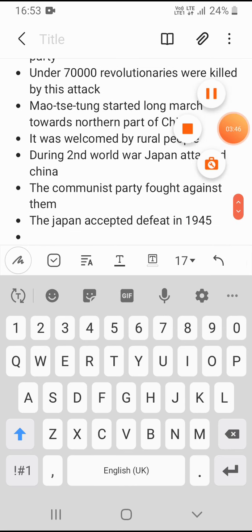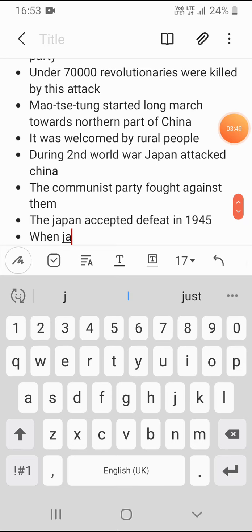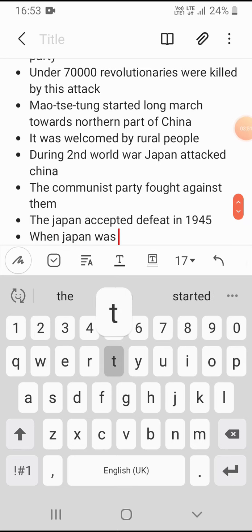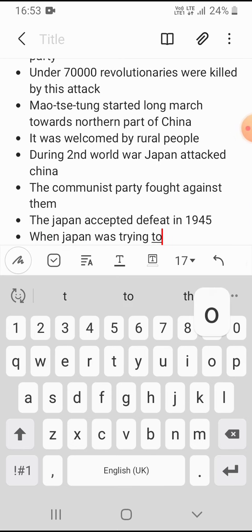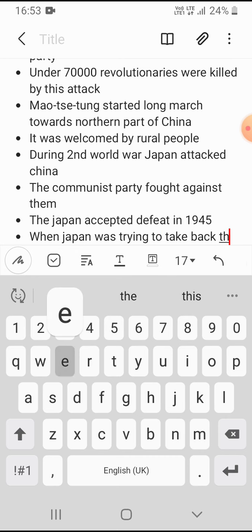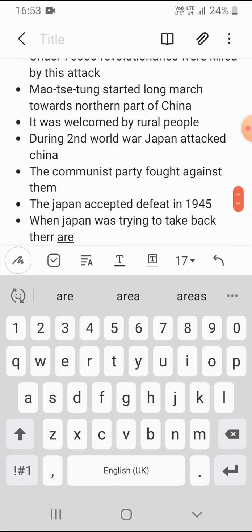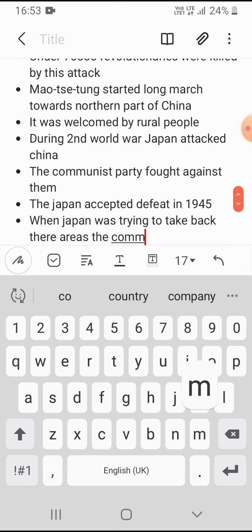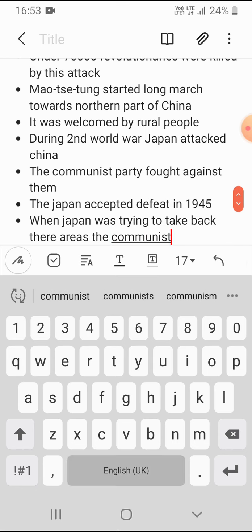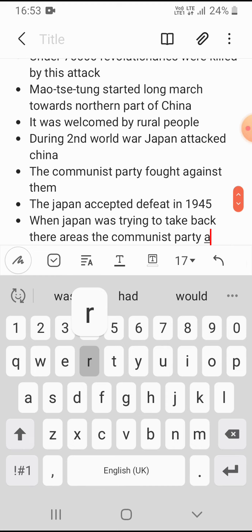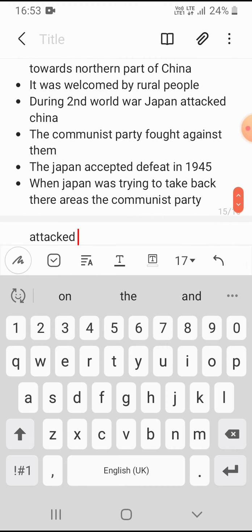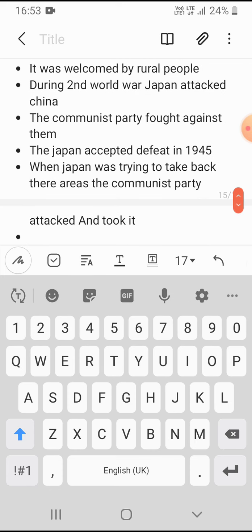Japan was trying to take back their areas, but the Communist Party of China attacked and took some areas from Japan.